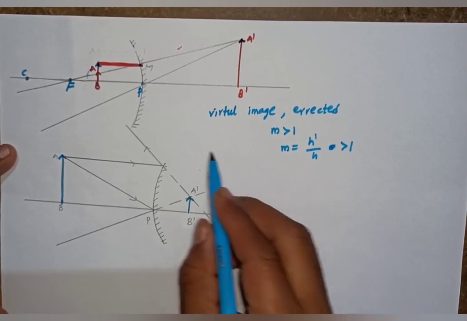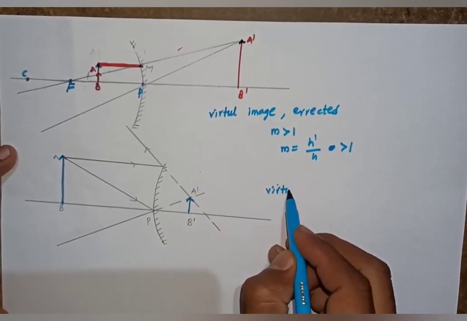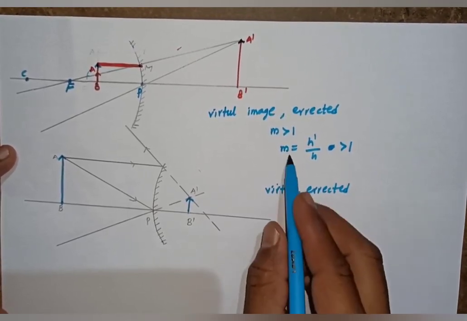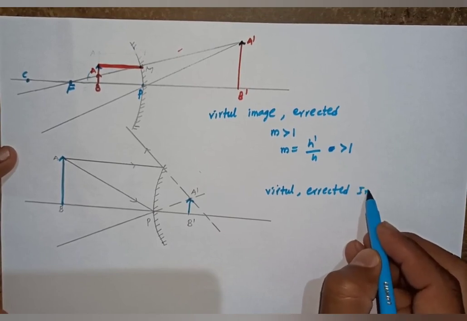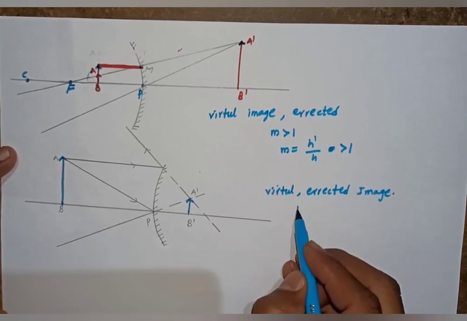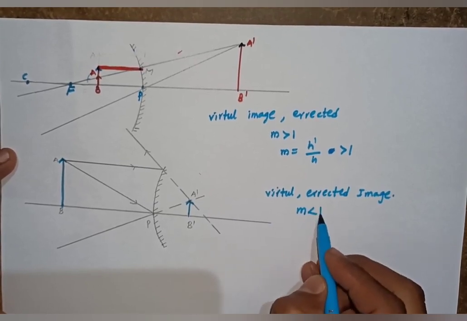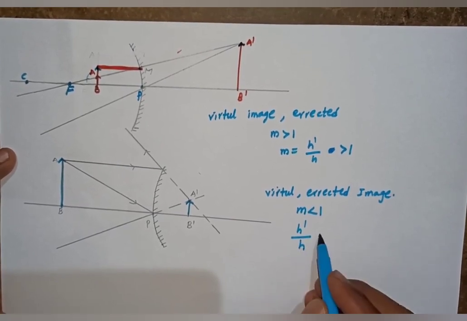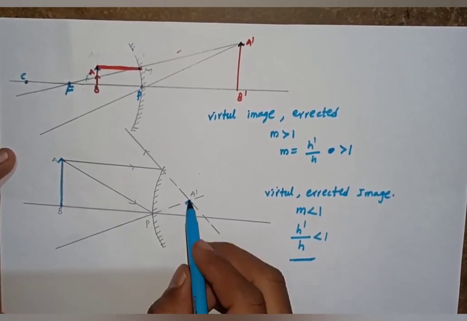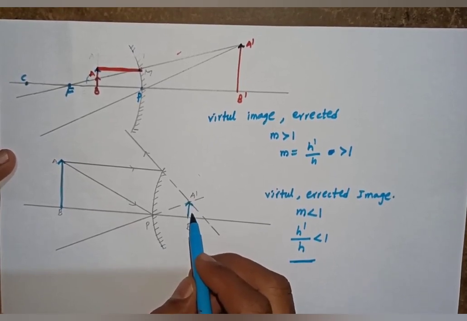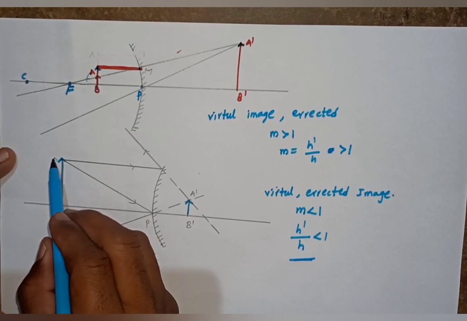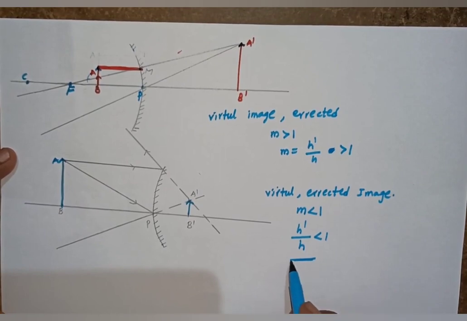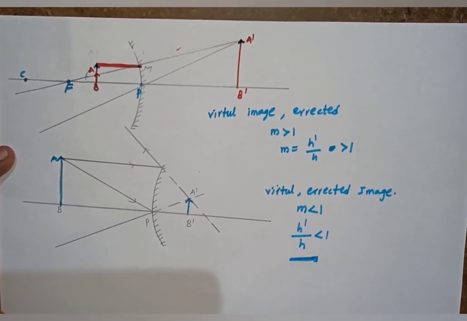So here also virtual, erect, and linear magnification is less than 1, because the height of the image divided by the height of the object is less than 1. Okay, a small size of image is formed. So this is about the mirror equation and the equation for the linear magnification. Thank you.